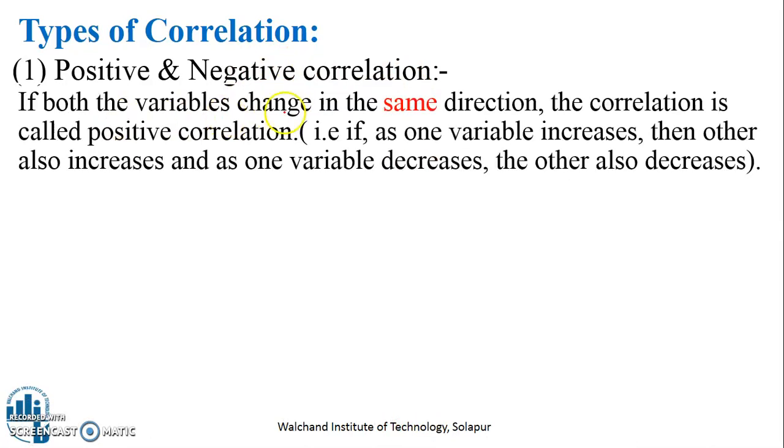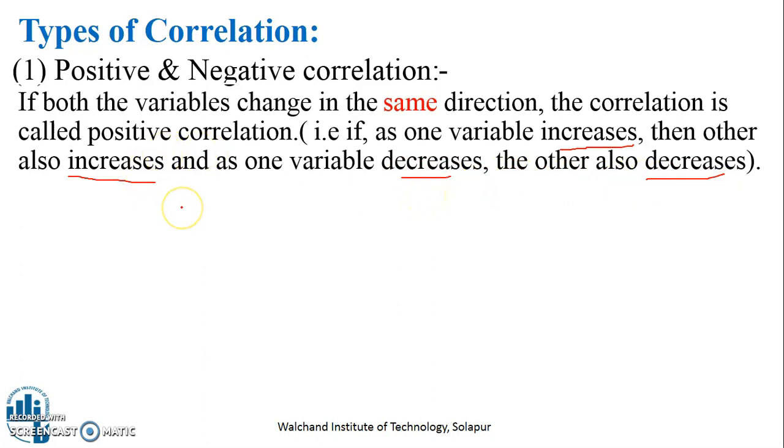If both the variables change in the same direction, then the correlation is called positive correlation. What it means is, if as one variable increases, the other also increases in the same direction. As one variable decreases, the other also decreases.